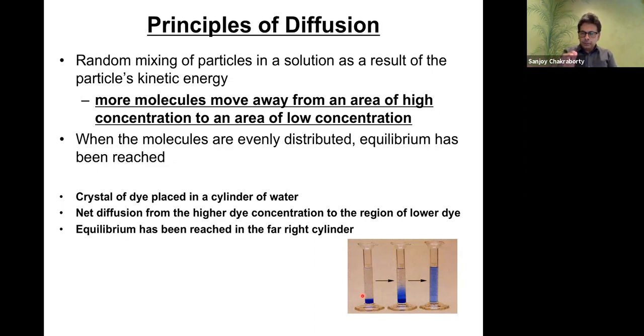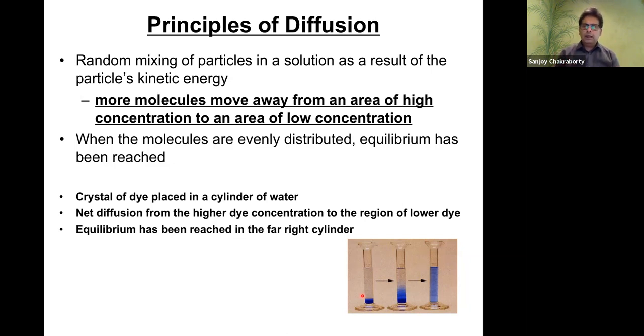Then there is a direct effect on the diffusion rate from temperature. The higher the temperature, the faster the movement. Then the size of the molecules is extremely important. The bigger the size, the larger the molecule, the slower the movement.